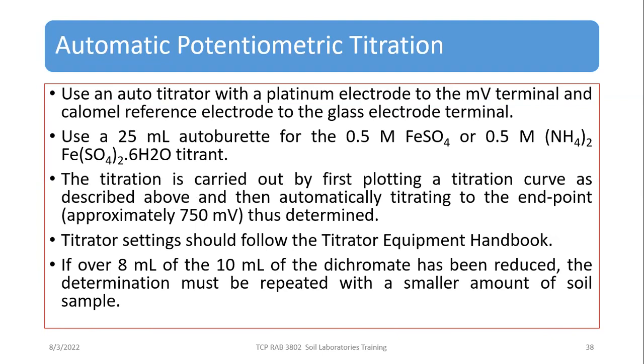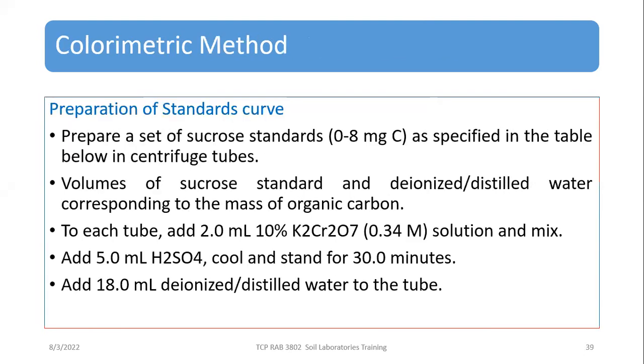The titration is carried out by first plotting a titration curve as described above and then automatically titrating to the endpoint, approximately 750 microvolts, thus determined. Titrator settings should follow the titrator equipment handbook, and also if over 8 ml of the 10 ml of dichromate has been reduced, the determination must be repeated with a smaller amount of soil sample.